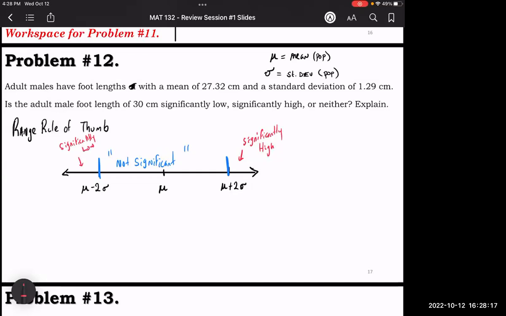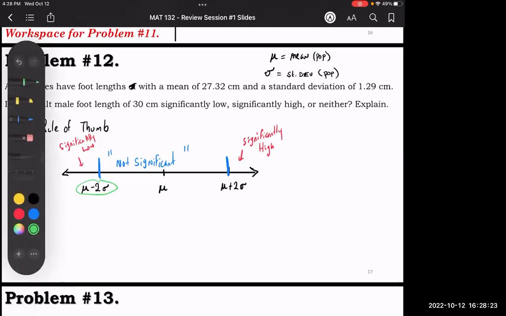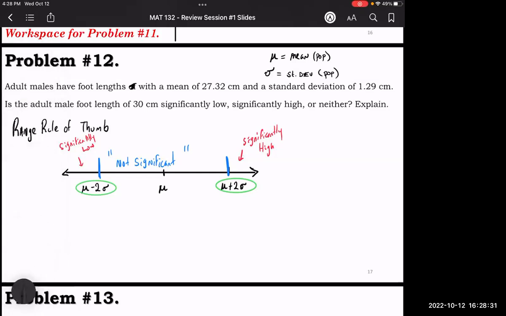Okay, so to answer this question, figure out the 2 values. I'm going to circle them. Figure out these values that separate the significance versus the not significance. And then you get to answer the follow-up question. So for the first one, you take the given mean, which we know what it is, by the way, minus 2 times the standard deviation.